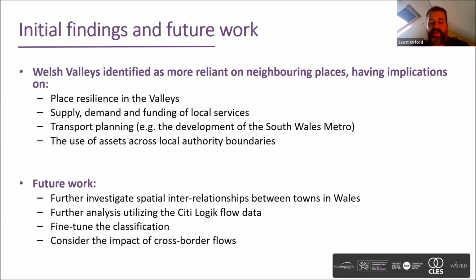So for UWP3, the next phase of Understanding Welsh Places, we are hoping to do a lot more work on cross-border flows, but that would involve working with local authorities on the English border. So it's something we need to discuss with our funders. So that's where we've got so far with analysing the data.